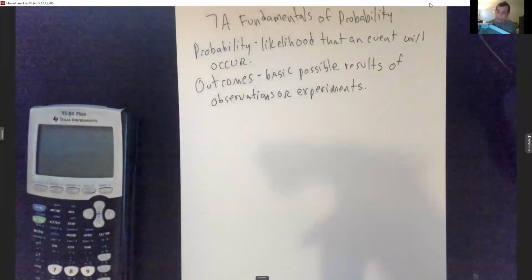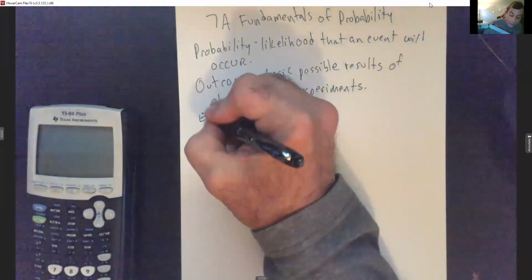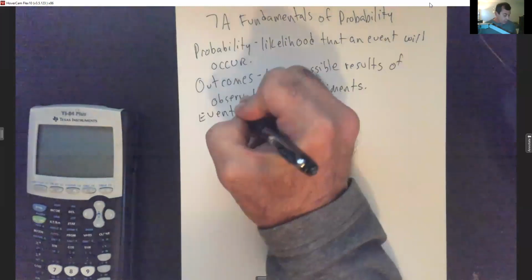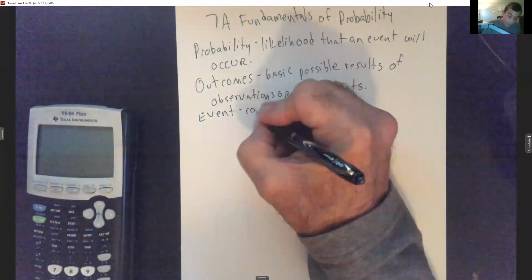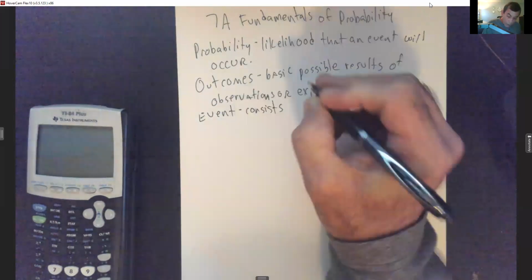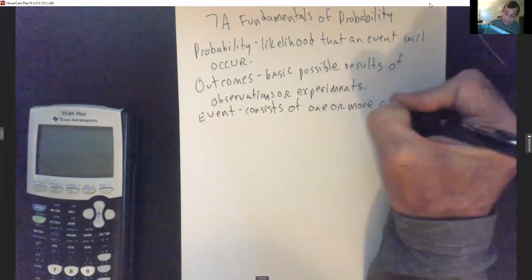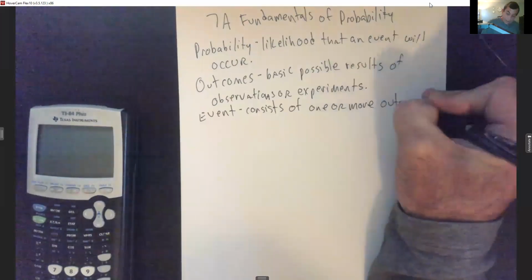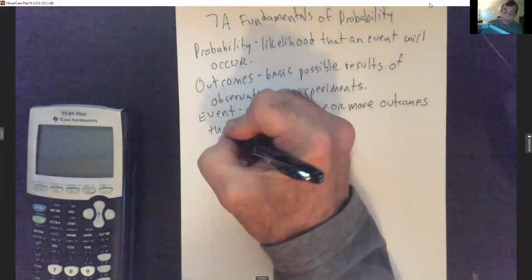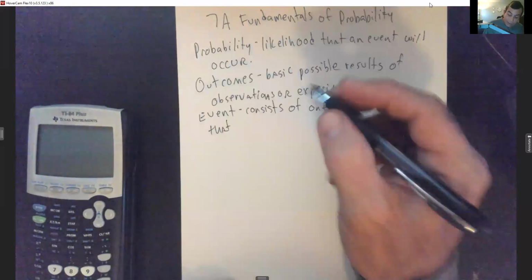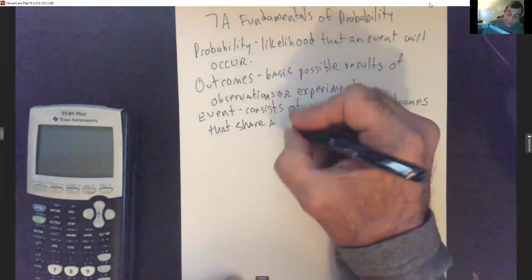And then I'll talk about an event. So an event consists of one or more outcomes that share a property of interest.